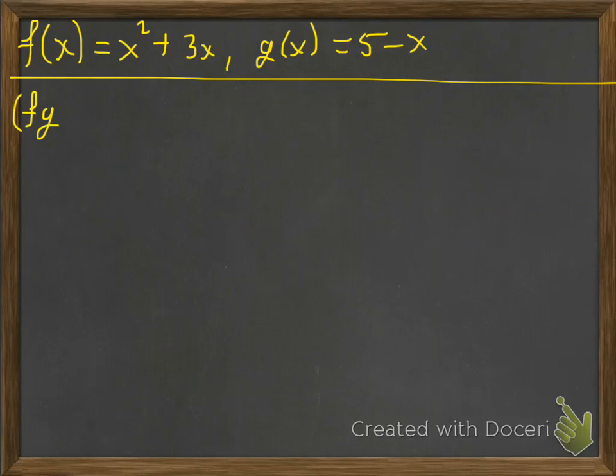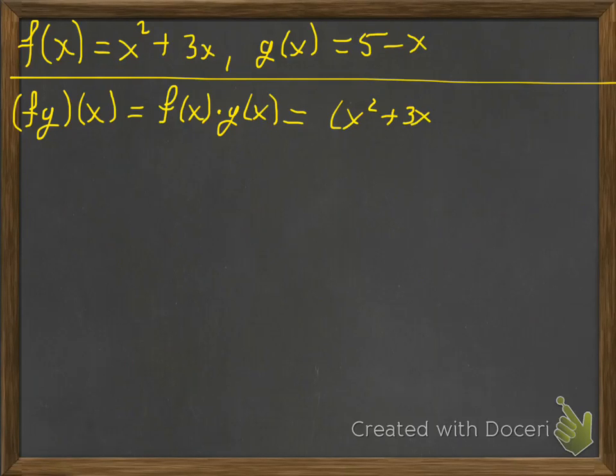So f times g of x is equal to f of x times g of x, which is equal to x squared plus 3x, times 5 minus x. And to do that multiplication there, we're going to have to FOIL.